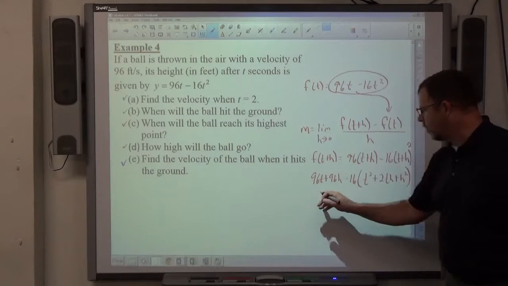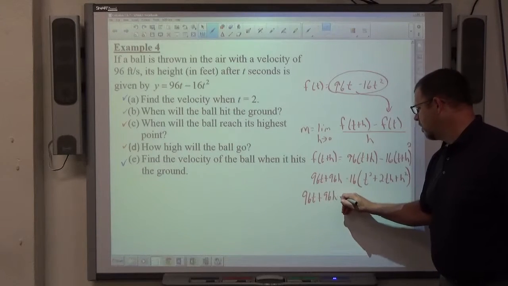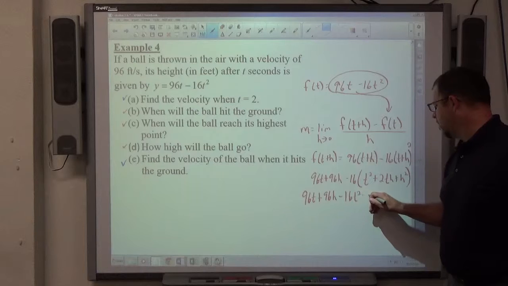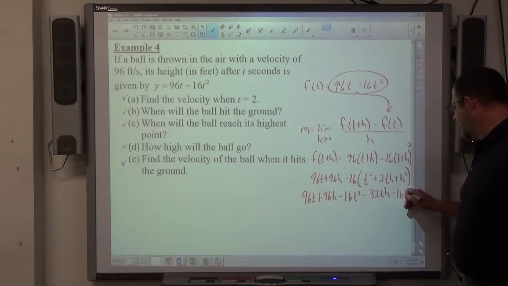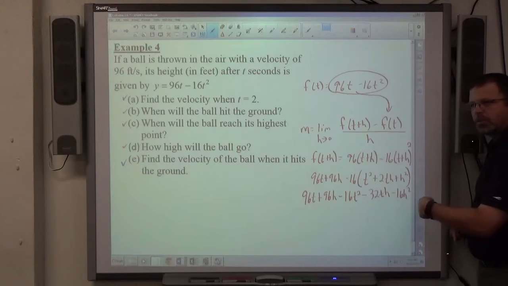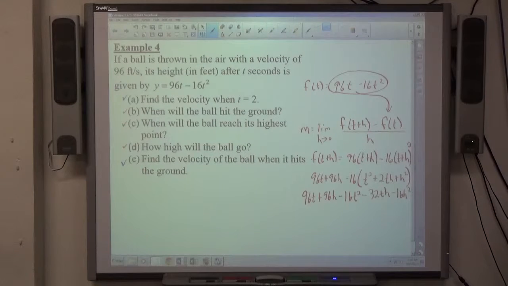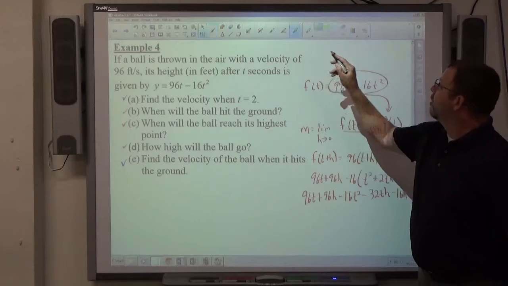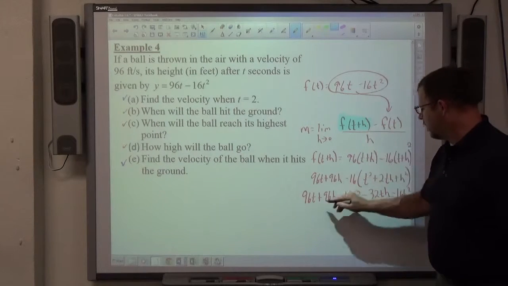Distribute my 16 through, I'm going to get 96t plus 96h minus 16t squared minus 32th minus 16h squared. Be careful, that is minus 16, so that's a minus 16 being distributed through, so this becomes negative, this becomes negative. So if we consider the pieces of this structure, f of t plus h is this thing.